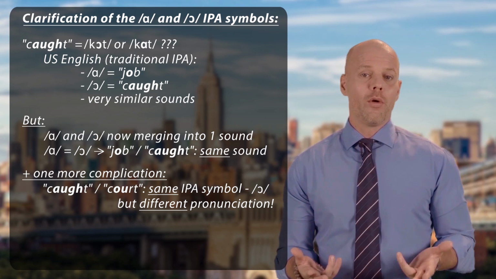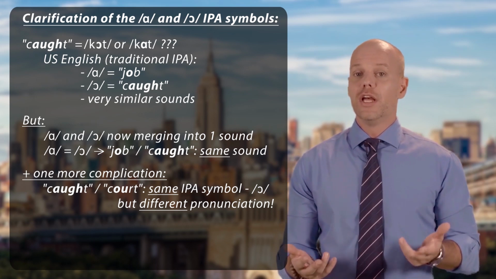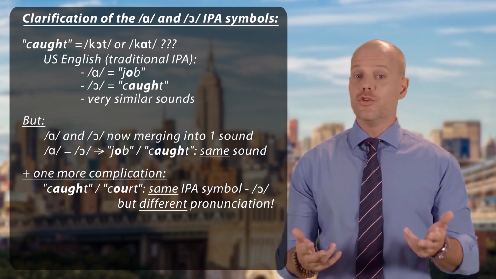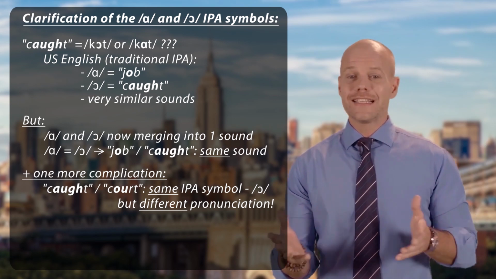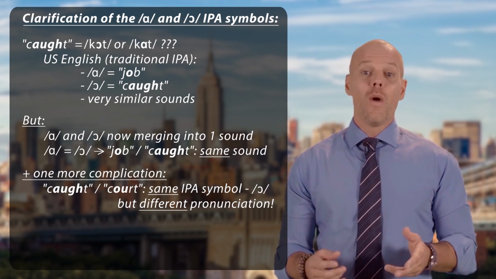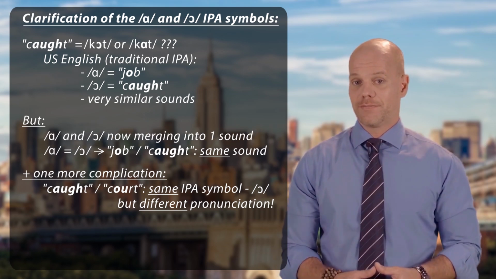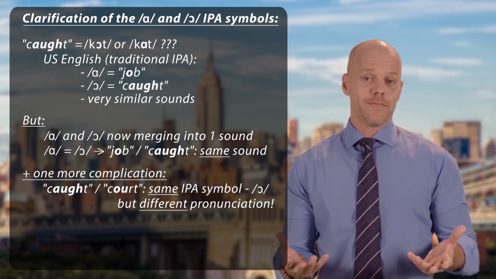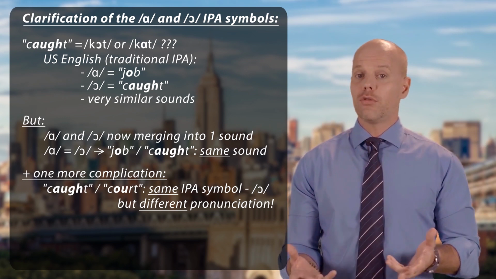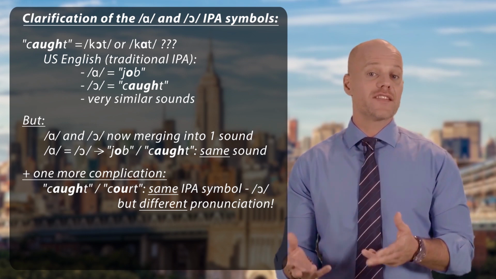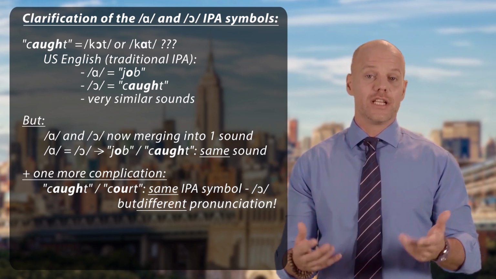I think there's no point in trying to teach people to differentiate and use two confusingly similar sounds when the American people themselves don't really differentiate them. At the same time, we should be able to show learners the differences in the sounds when there is actually a difference.